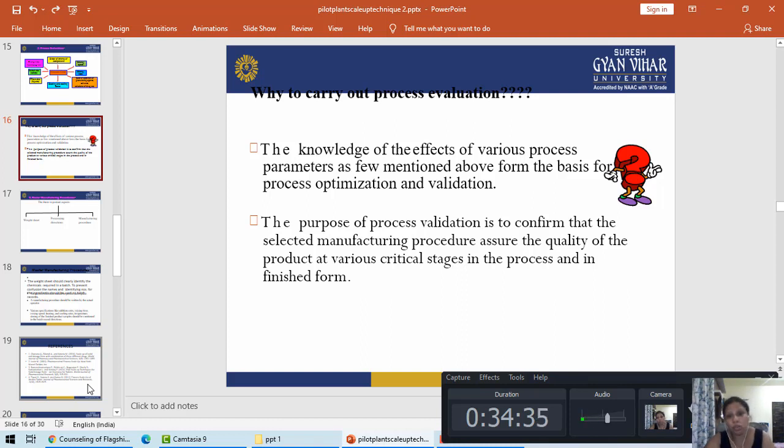The purpose of process validation is to confirm that the selected manufacturing procedures assure the quality of the products at various critical stages in the process and in the finished formulation. So that's why process evaluation is important.